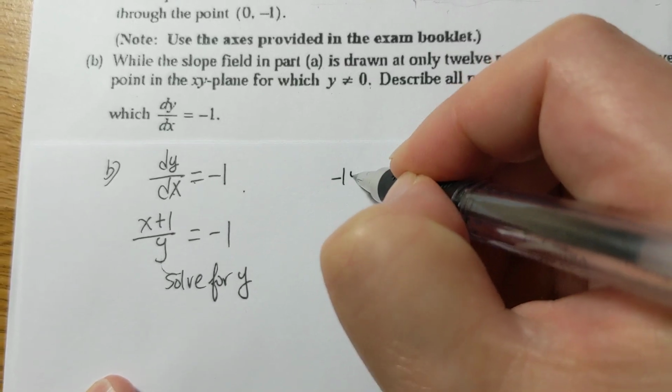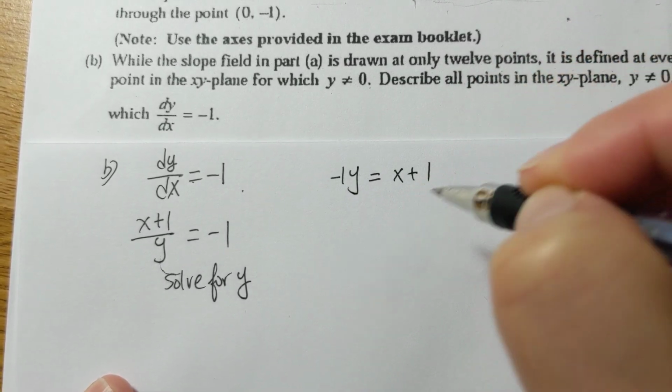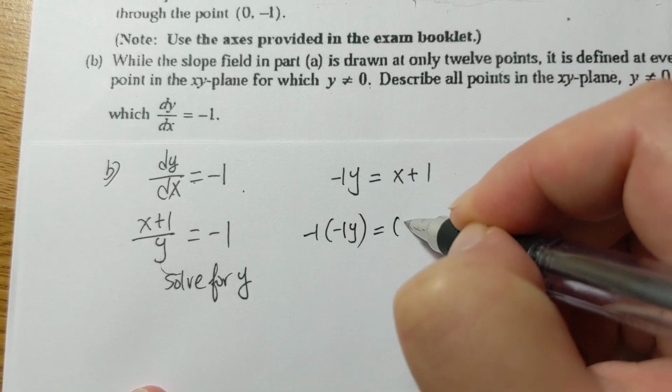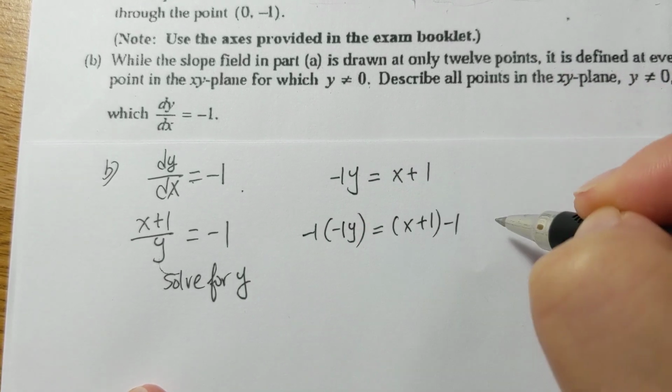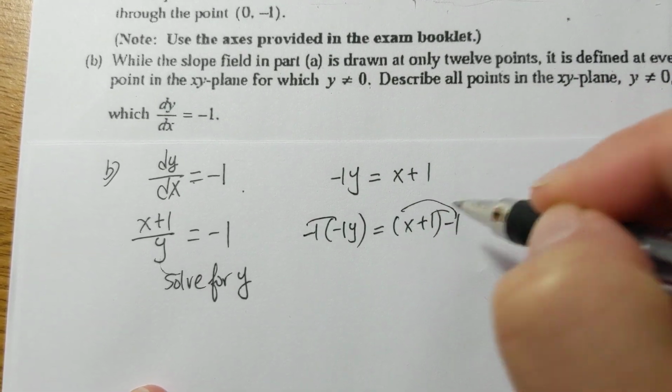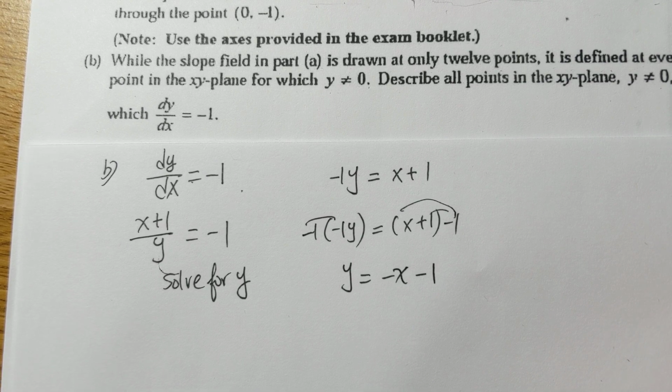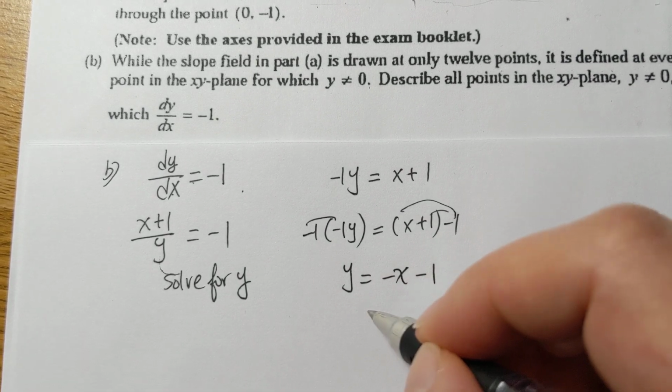So we're going to get -1y equal to x plus 1, and then we're going to multiply by -1 on both sides. So we get y equal to -x minus 1. This is going to be a line.